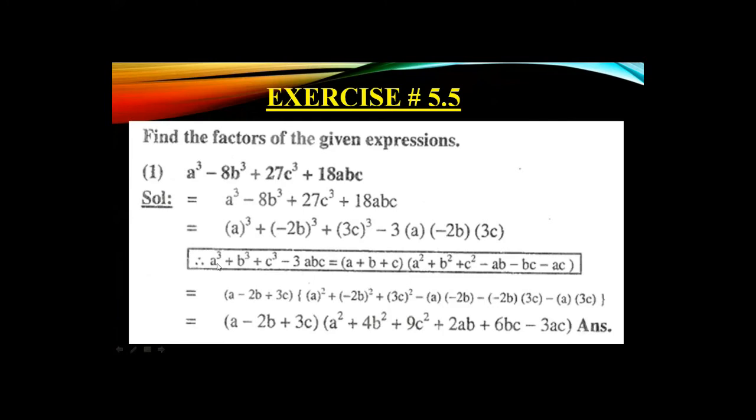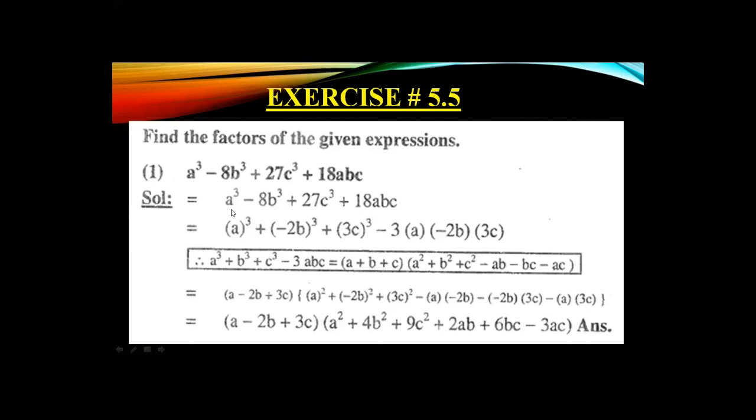The formula is a cube plus b cube plus c cube minus 3abc is equal to a plus b plus c, a square plus b square plus c square minus ab minus bc minus ac. The formula looks difficult, but you just have to identify which term is a, which term is b, and which term is c, and then just put the values and get the answer.